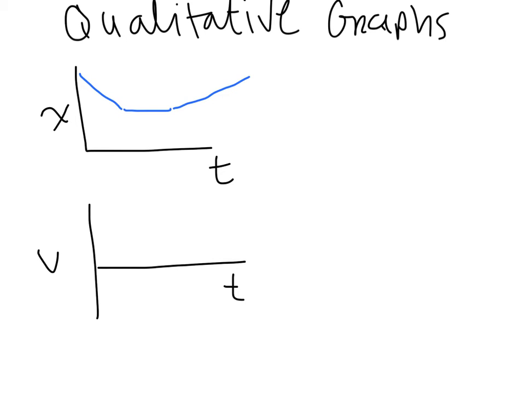For our velocity time graph, one thing that might be helpful is to draw dotted lines. So we've got 3 distinct segments on the position time graph, which means our velocity time graph will have those same 3 distinct segments. And we can just call them segment 1, 2, and 3.